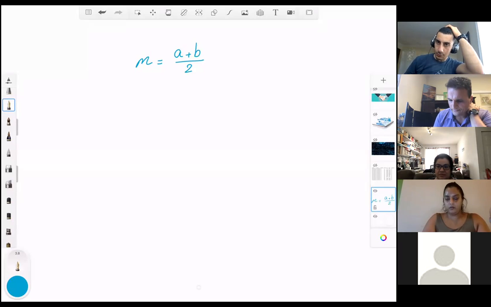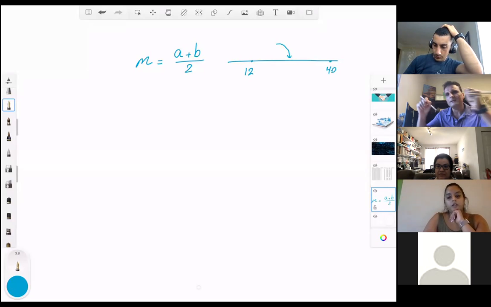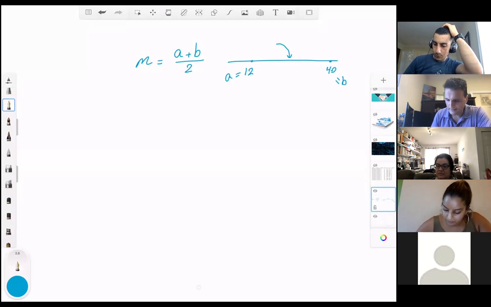If we have a number line, for example, this is 12, that point is 40. If you're looking for the midpoint, the middle of these 2 points, that's the formula. This is going to be A, for example, and this is B. So if you plug it into that formula, you should get this point.